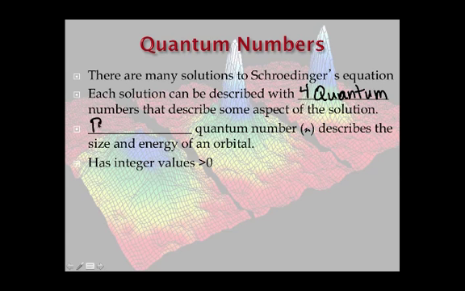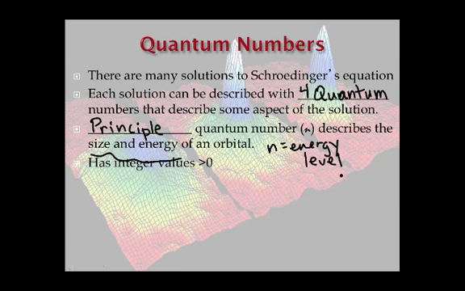We'll start with what's called the principal quantum number, n, that describes the size and energy of the orbital. You've used this before when we were doing Bohr models. N was our energy level, right? Well, now we're going to add a little bit more detail, as we always do in AP Chemistry, to what you learned about atoms before.